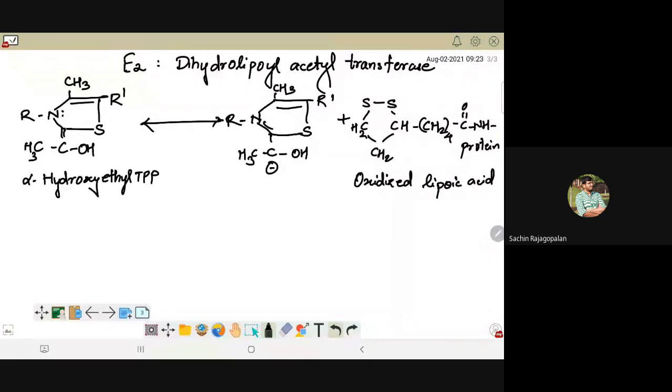It's a proteinaceous compound. So when these two attach, it looks something like this.